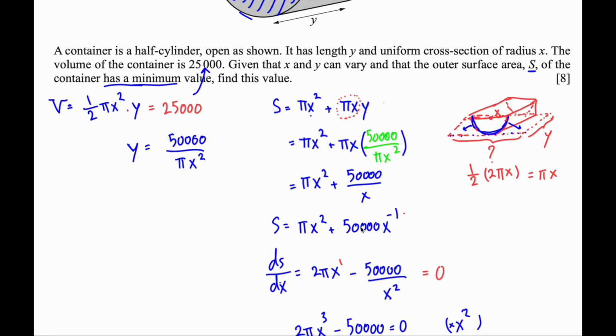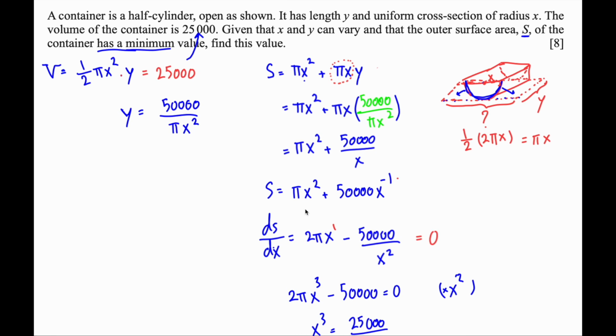That makes it easier to deal with. And you can apply the power law, which says bring the power in front and subtract 1 from the existing one. Also here the same thing, -1 comes down, becomes -50,000, but don't forget to subtract 1 from it, which gives you -2, but I prefer to bring it down again.